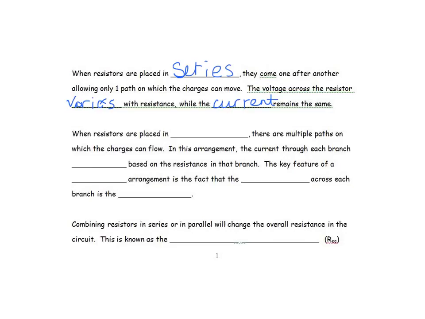And when resistors are placed in parallel, there are multiple paths on which the charges can flow. In this arrangement, the current through each branch varies based on the resistance in that branch. However, the key feature of a parallel arrangement is the fact that the voltage across each branch is the same.